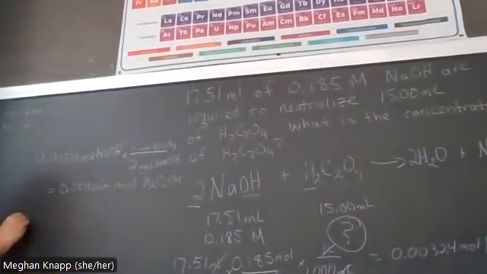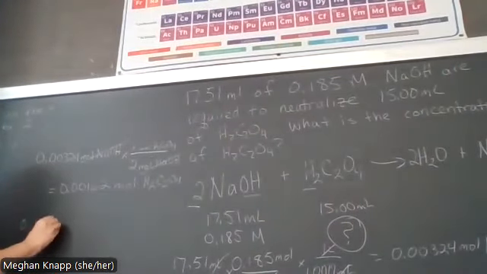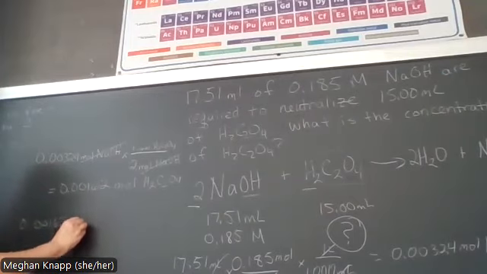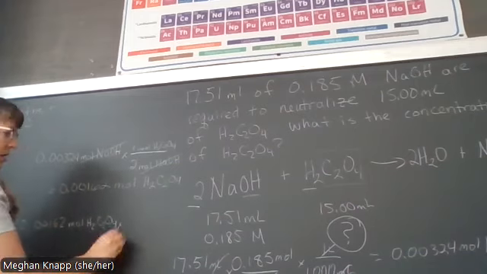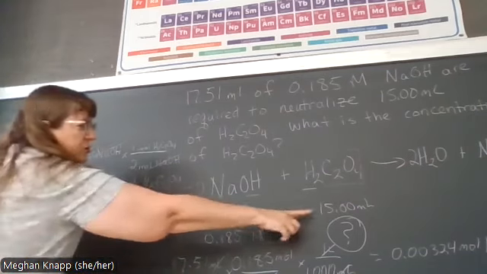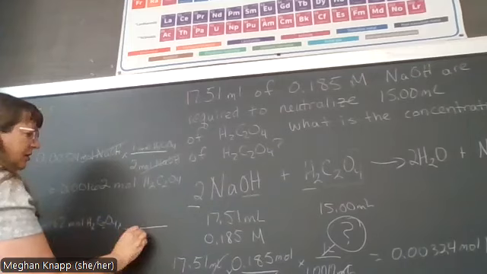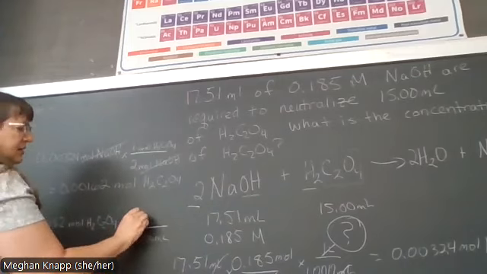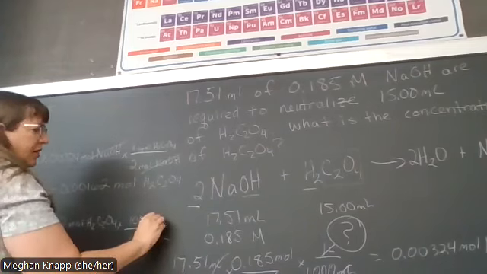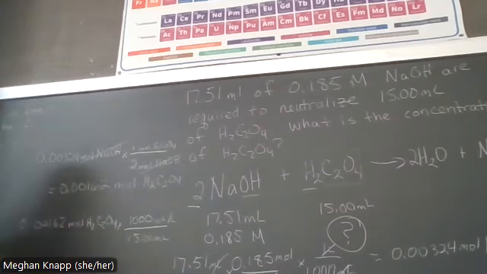So 0.00162 moles of H2C2O4 times, this volume was 15 milliliters. Make that liters. I have to put 1,000 milliliters per liter on top.